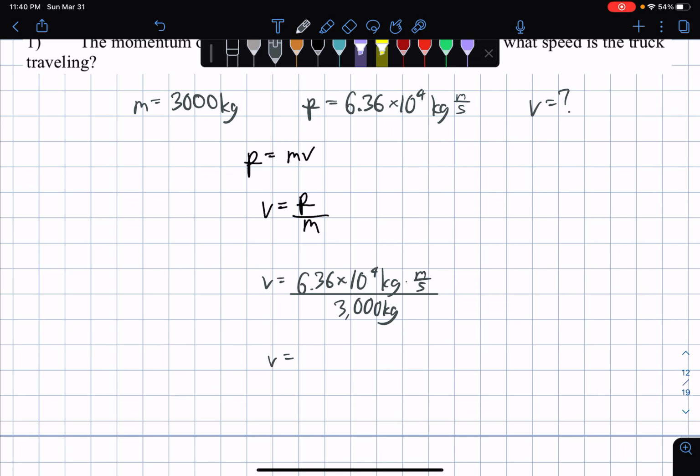Okay, what is the answer? 21.2. I believe this is the answer. And the kilogram unit will be cancelled. This is what we have left. It makes total sense that our unit corresponds to velocity.